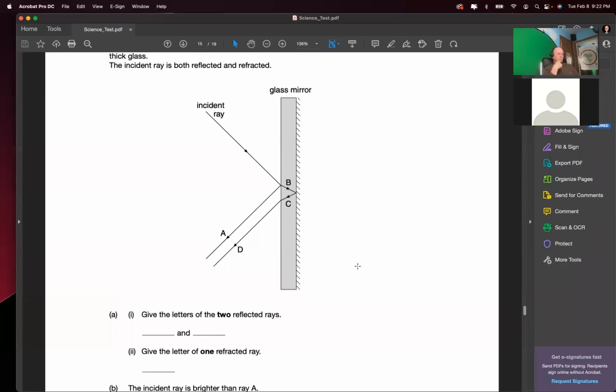Give the letter of one refracted ray. B could count. The incident ray is brighter than ray A. Give one reason for this.